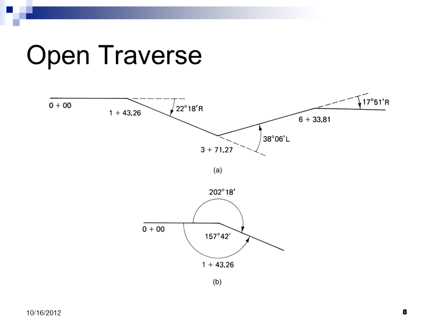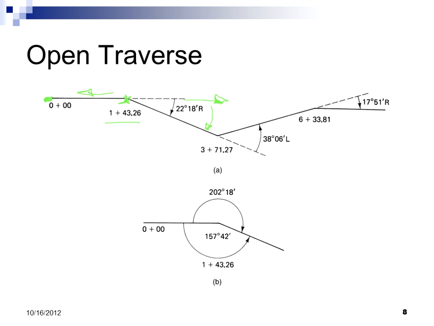An open traverse is what we see when we talk about deflection angles. So as we said, the definition of a deflection angle is an extension of the back line to the front line, to your forward station. So 0 plus 0, back here, is where we started. Our instrument is sitting here at station 1 plus 4326. We sight back here. You're going to flip the gun over, so you're now pointing in this direction.